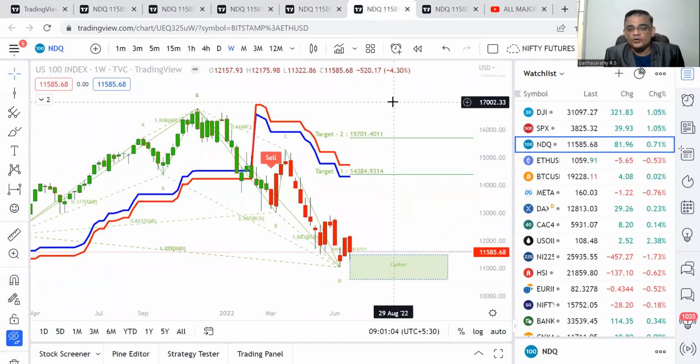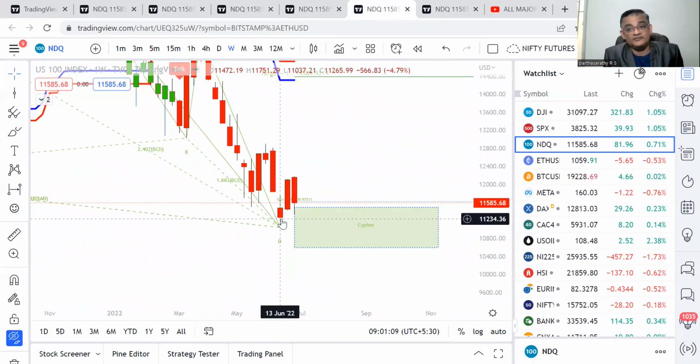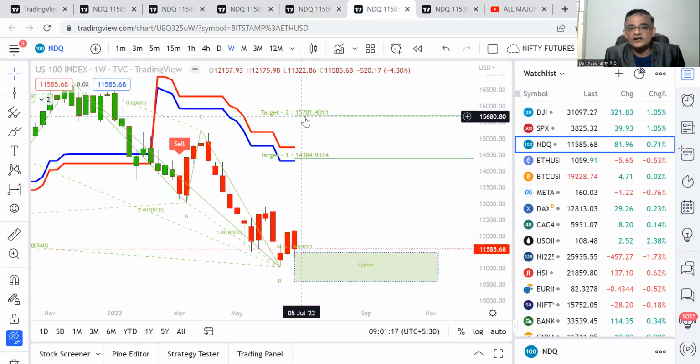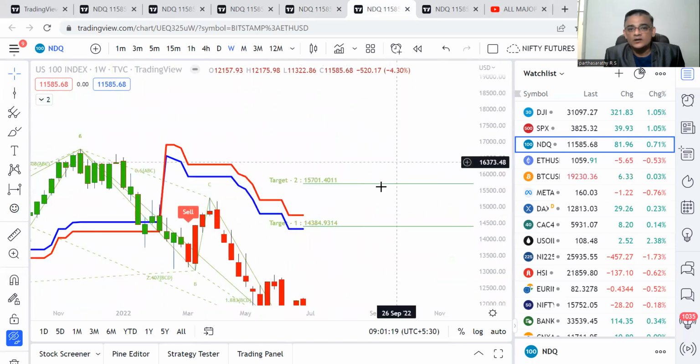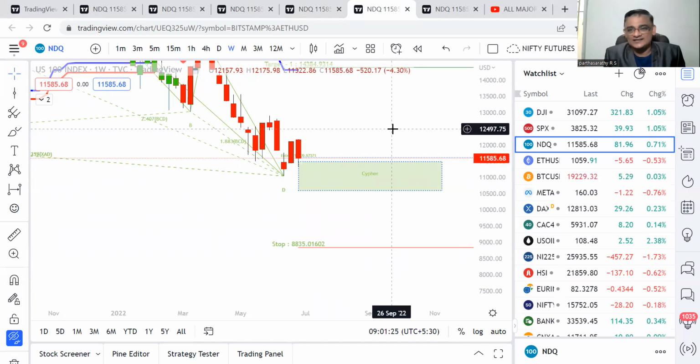Now let's go to harmonic. It says yes, bottom is done, in case on a weekly trend it holds this bottom. There is a possibility of going and touching 14,384, 15,701, all this is possible. Target stop loss is 8835. But nobody can withstand this kind of a fall if it comes to 8835.